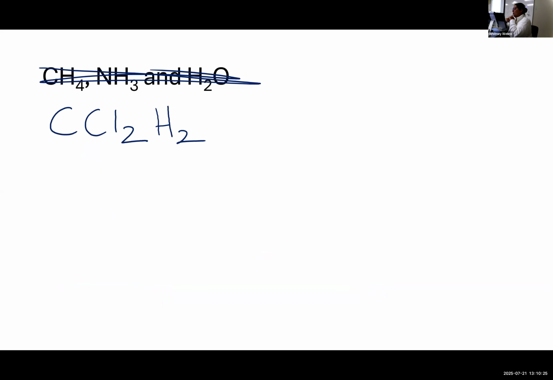So first things first, what do I do to create a Lewis dot structure? Count the valence electrons. Carbon is 4. Chlorine is 7. Hydrogen is 1.